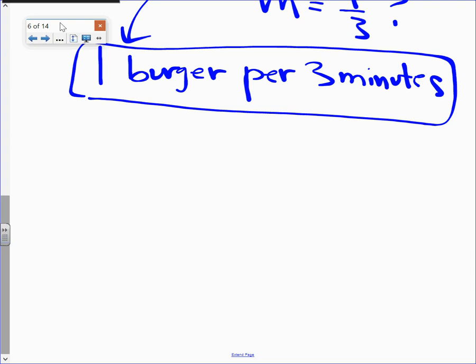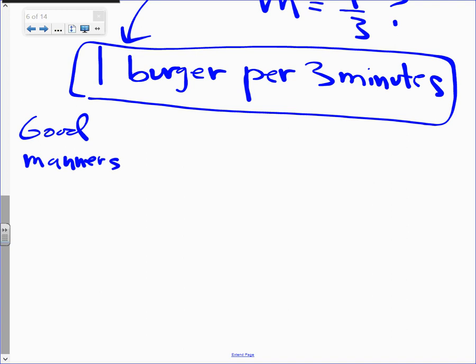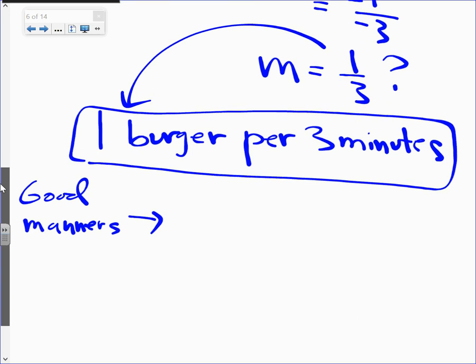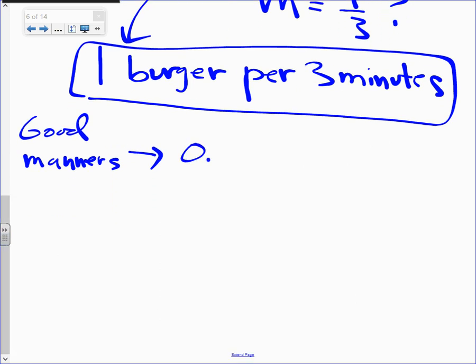So on your notes, go to write good manners. Good manners is this. This changes the rate. Even though 1 burger per 3 minutes is the same speed as, watch this, 0.33 burgers per minute. Per 1 minute, you see.